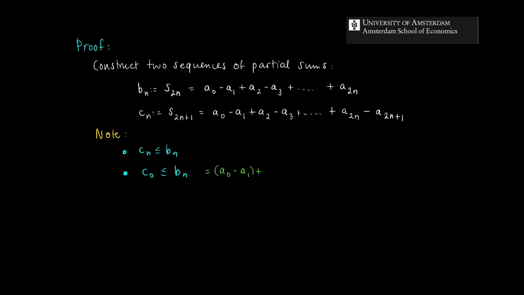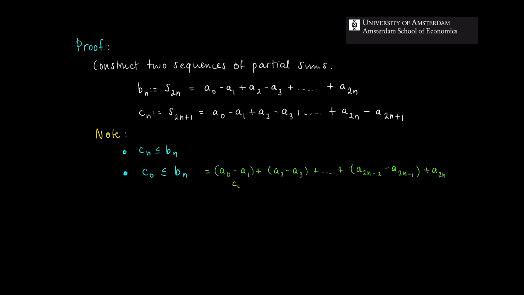Then we keep adding up, we pair up those elements like this, a2 minus a3, and as a final thing we get a_(2n-2) minus a_(2n-1) plus a_(2n).